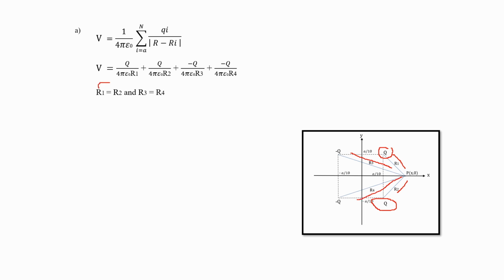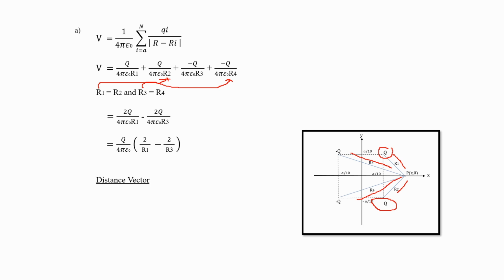So we can put R1 for R2 and R3 for R4. So the answer will be Q over 4 pi epsilon naught times open bracket 2 over R1 minus 2 over R3 close bracket. This is not the last answer because R1 and R3 are magnitudes.